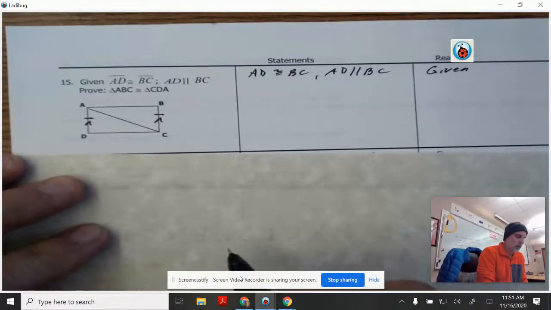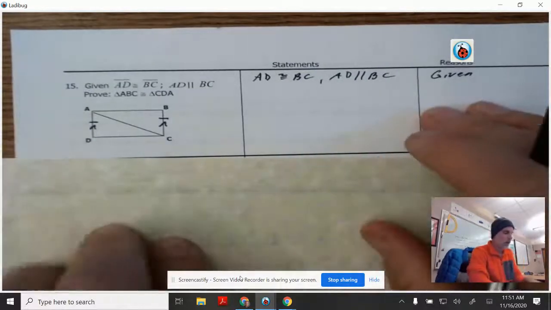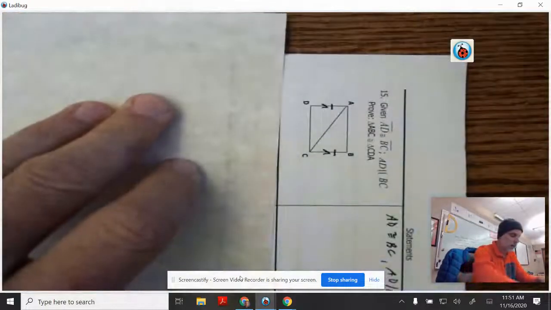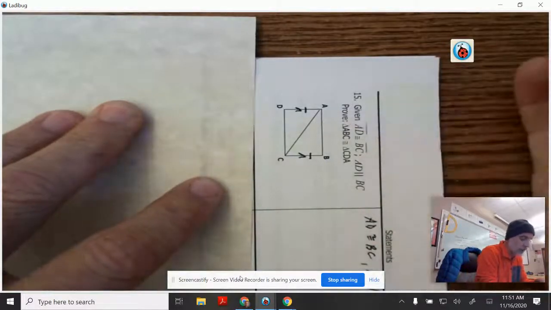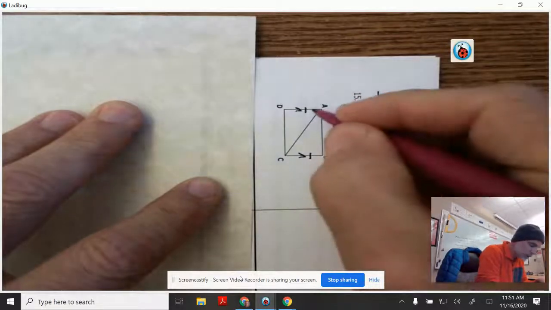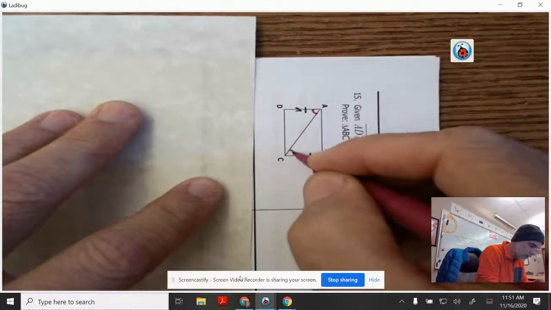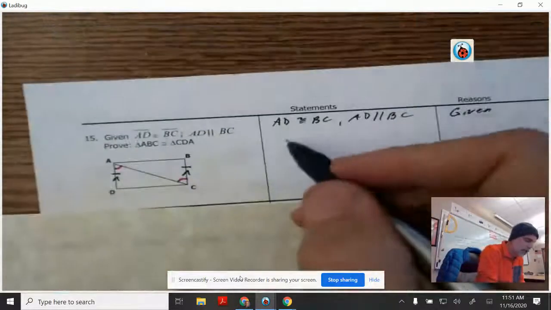All right. So the next thing that I see right here that I'm thinking, when I have parallel lines, just to think of it this way for you, parallel lines, we always give you a hint here, they're usually always alternate interior. So if these are the parallels, that means the alternate interiors are here and here. So if I mark it, I need to go and say it.